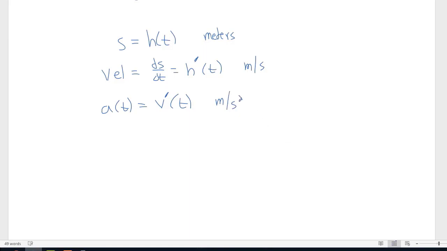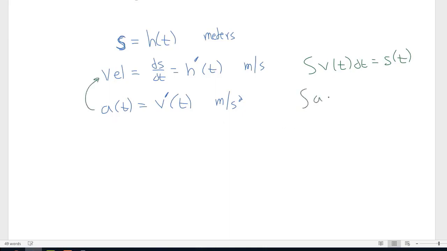So with the fundamental theorem, we talked about derivatives and integrals being inverse operations. So if I start with position and I take the derivative, I get velocity. And I can go backwards. If I take velocity and I integrate, I come back to my position equation. So conceptually, the integral of velocity would give me position. And vice versa, if I have acceleration, to get to velocity, I'm going to integrate.